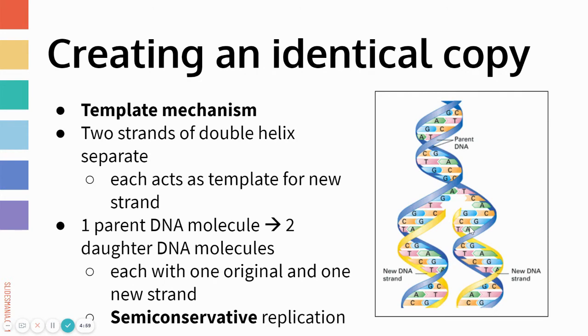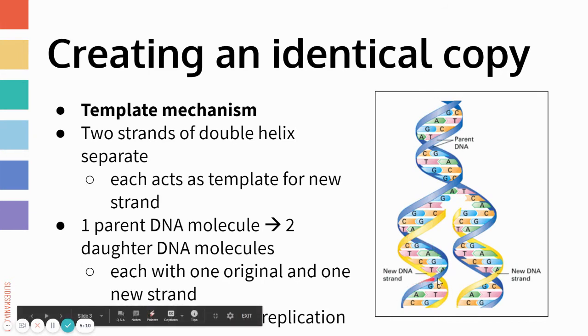So we start with one parent DNA molecule and we end up with two daughter DNA molecules. And in terms of their composition, each daughter DNA molecule is going to be made up of half of the original parent strand. This blue color represents the original parent, and each daughter DNA molecule is going to have one blue strand, but also half new material that was just created in the copying process.